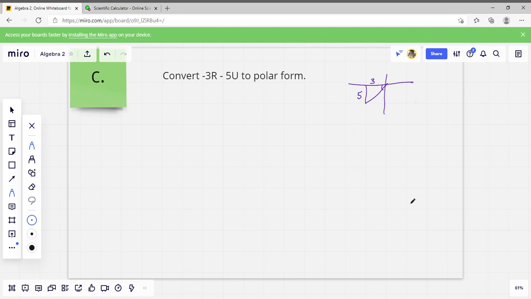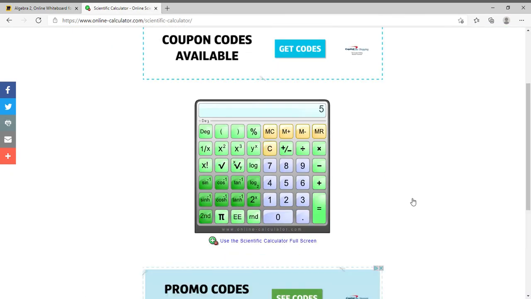So we're going to use tangent. Tan of angle theta equals opposite over adjacent. Our opposite is over here, and our adjacent is up here, and it's TOA. So our opposite goes on top, which is 5, and our adjacent is 3. Okay, so we're going to say 5 divided by 3, which is 1.666. Did I do that right?